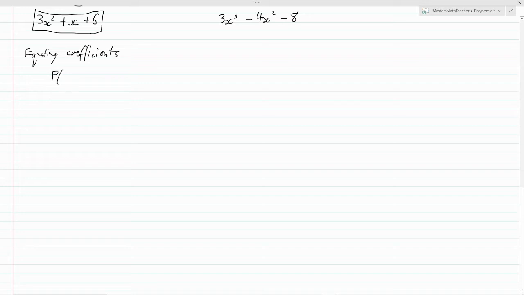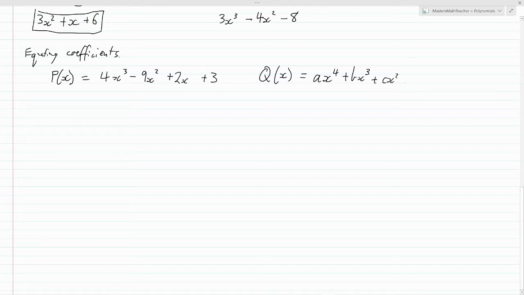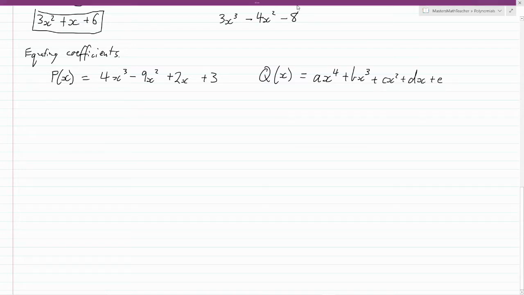We've got p of x equals 4x cubed take 9x squared plus 2x plus 3. And I'm going to go with q of x equals ax to the 4 plus bx cubed plus cx squared plus dx plus e.